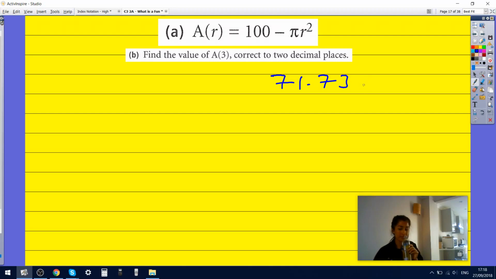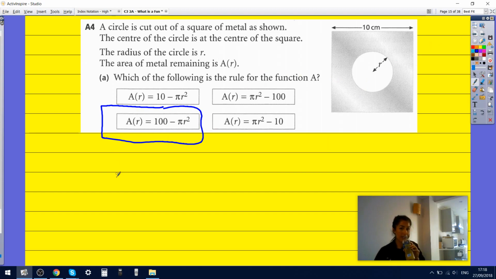What does that represent in the context of this question? The a of 3. That the radius is 3. Yeah, when the radius is 3. Go on. When the radius is 3, the area of the metal remaining is 71.73. That's it.